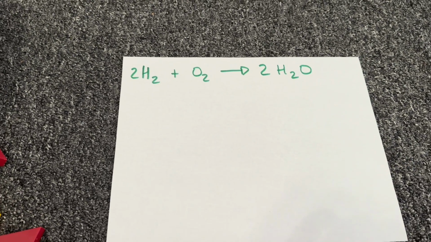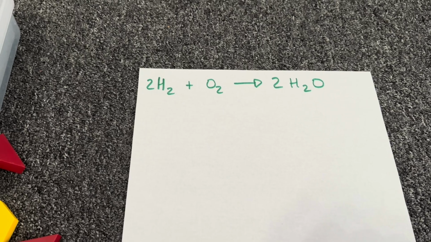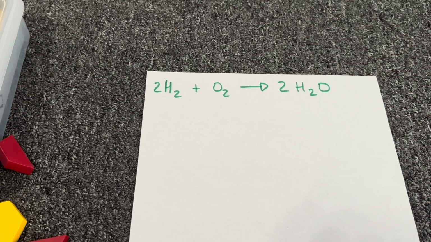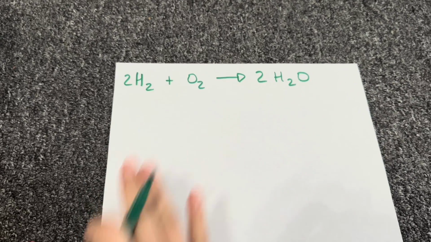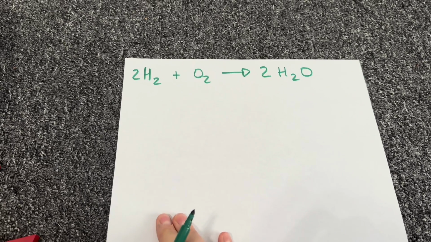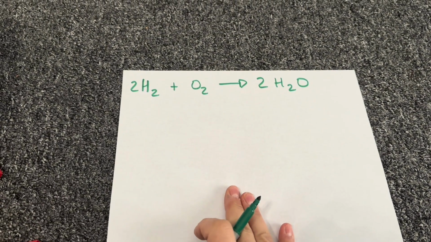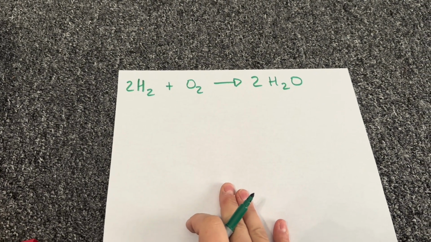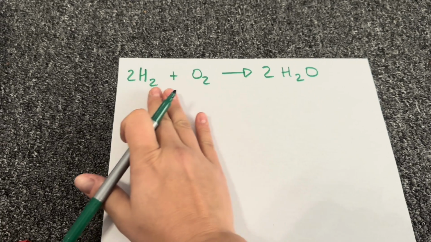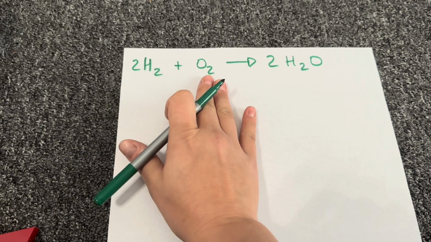Looking up here, if I had equal amounts of hydrogen and oxygen gas, which one is going to get used up first? Hopefully we're seeing that I require twice as much hydrogen as I do oxygen.